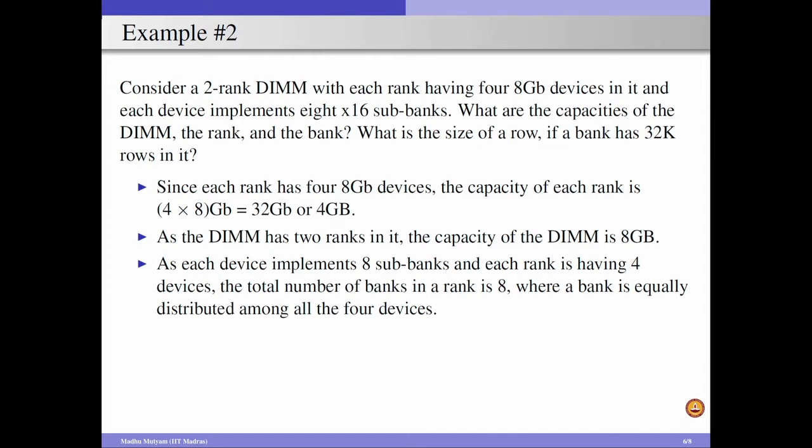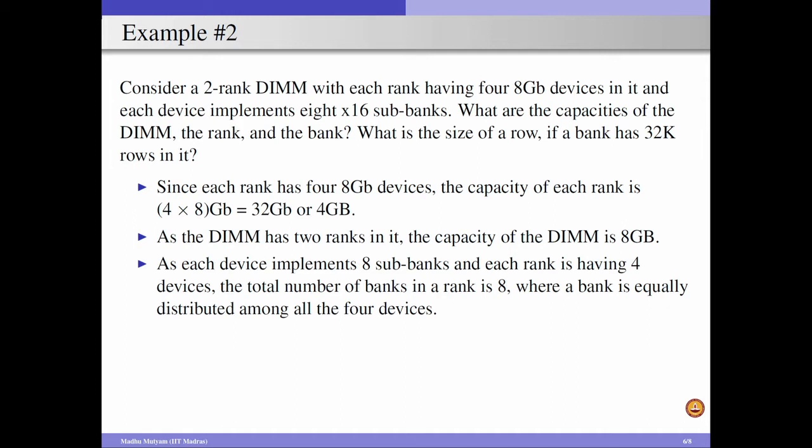We also mentioned that each device implements 8 x16 banks. So effectively, a logical bank is physically distributed across multiple devices associated with a given rank. In this particular example, our rank consists of 4 devices, and as a result, our logical bank is distributed across all these 4 devices.